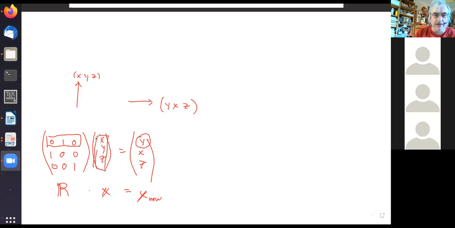Good question. If you take these two vectors and multiply them as 0 times x plus 1 times y plus 0 times z, then you get y. You already knew the result. Okay, yeah, so that's why you wrote it.